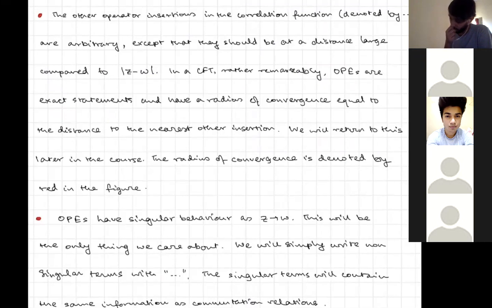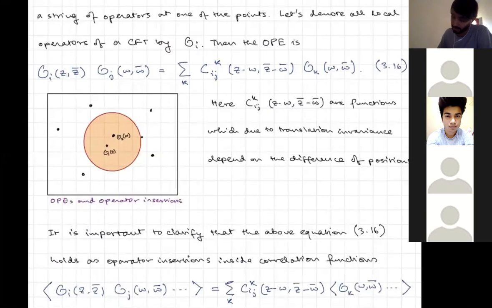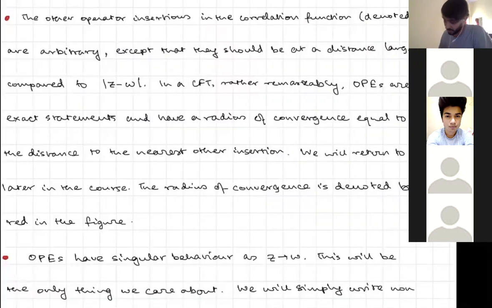We will have something more to say about what the radius of convergence is, but for the moment, you can assume it's going to be equal to the distance of the next nearest operator insertion. Okay, so that is something that holds true for CFTs.